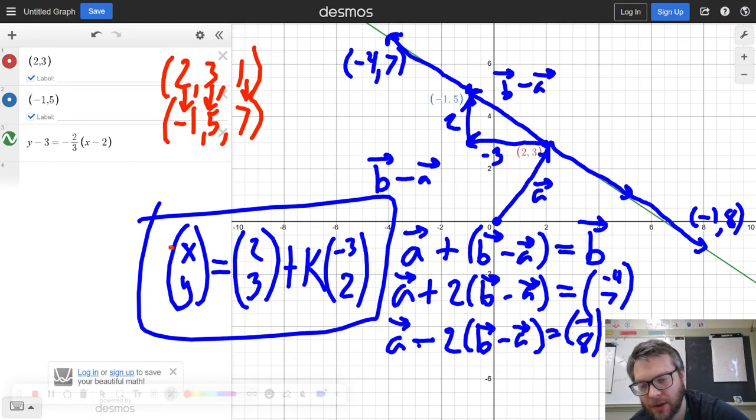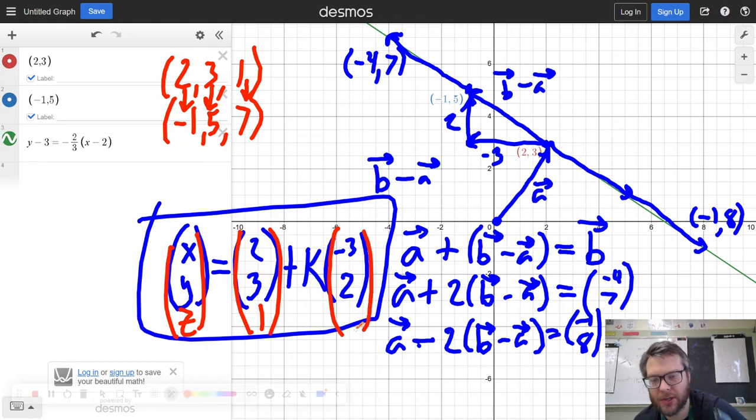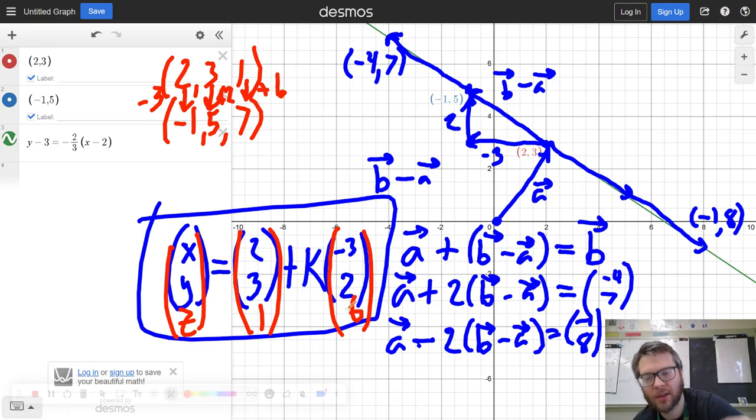So I can actually very easily just extend my vectors into the 3rd dimension, x, y, z, 2, 3, 1. And then let's think real carefully about this direction vector. Negative 3 came from going 2 down to negative 1. That's a change of negative 3. 3 to 5 was a change of positive 2. So 1 to 7 is a change of positive 6. Now I just wrote my equation in 3 dimensions.